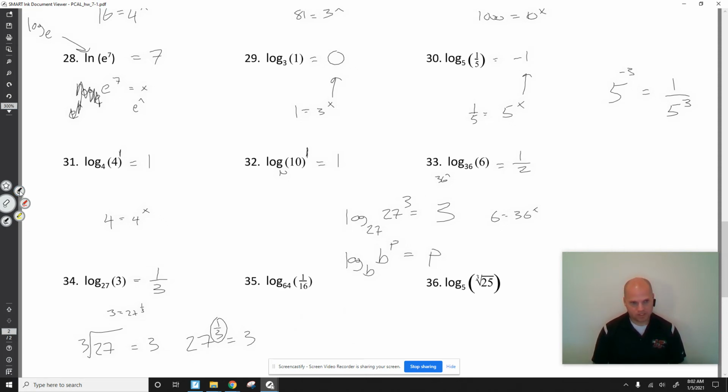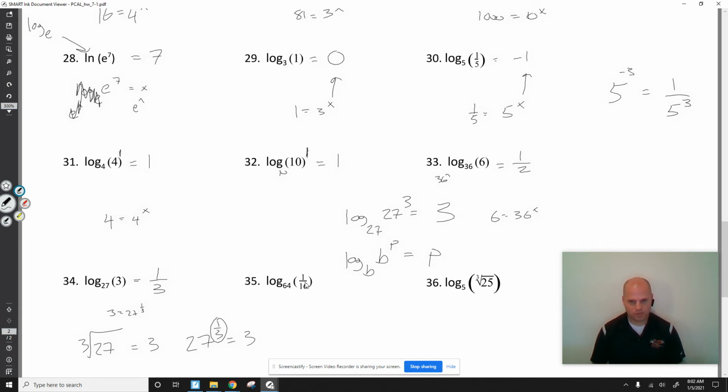Cube root of 64, let's think about that. What's the cube root of 64? Is it 4? 4 cubed is 64. Okay, good. So I know 4 squared is 16. There's other ways to do this.